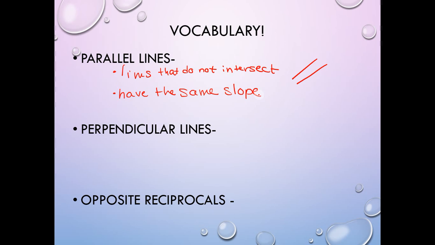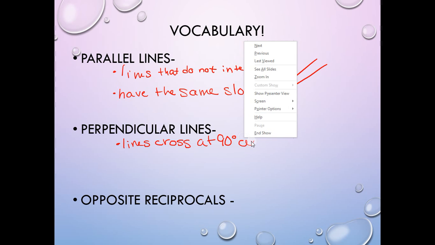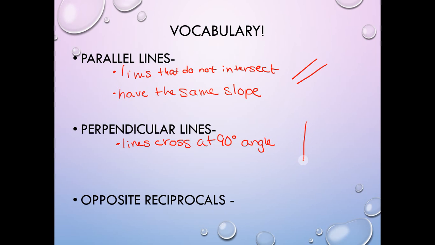Now, perpendicular lines. You guys have possibly heard of perpendicular. Perpendicular means that these lines cross at a 90-degree angle. So they're going to look something like this. They cross at a perfect 90-degree angle, and they put little squares in there saying they're 90 degrees.